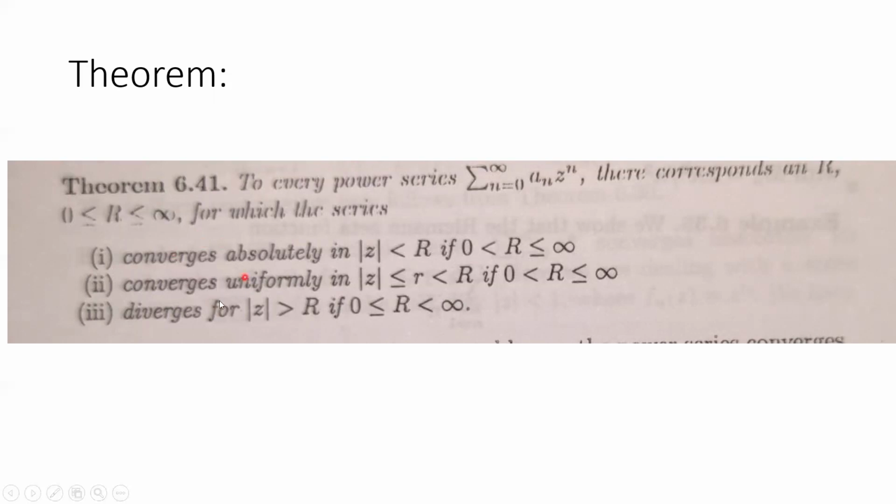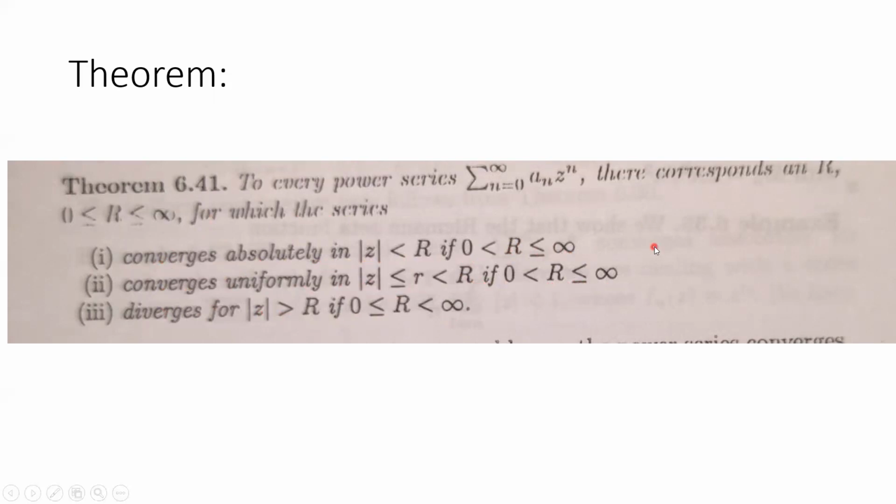The series converges absolutely in modulus z less than R if 0 less than R less than or equal to infinity. It converges uniformly in modulus z less than or equal to r, for r less than R, if 0 less than or equal to R less than infinity, and diverges for all modulus z greater than R whenever R is in this range.